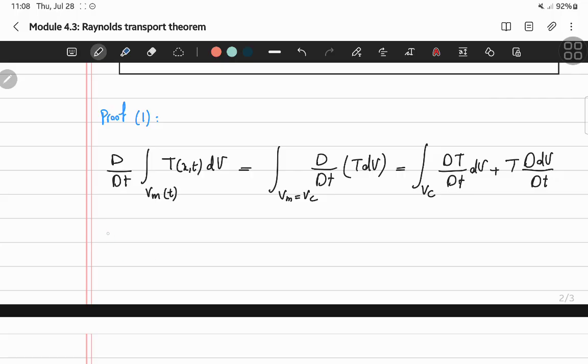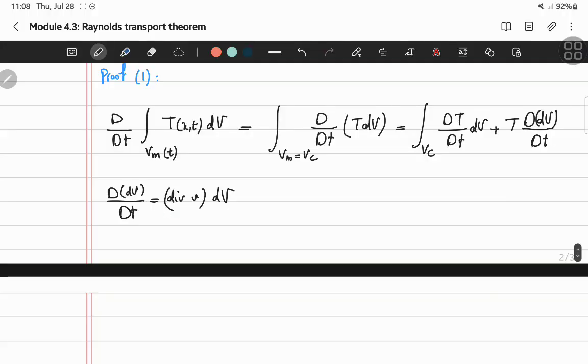We already mentioned in chapter 3, module 2, that the material derivative of dV is basically equal to the divergence of v dV.